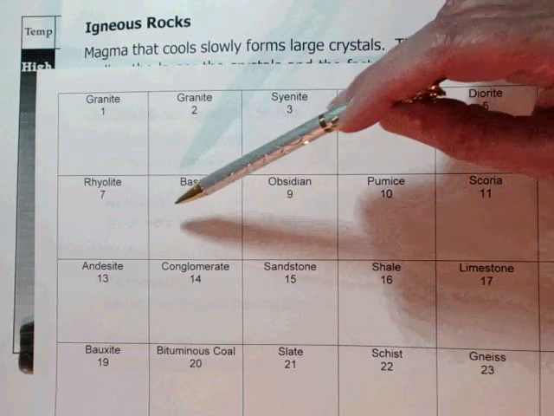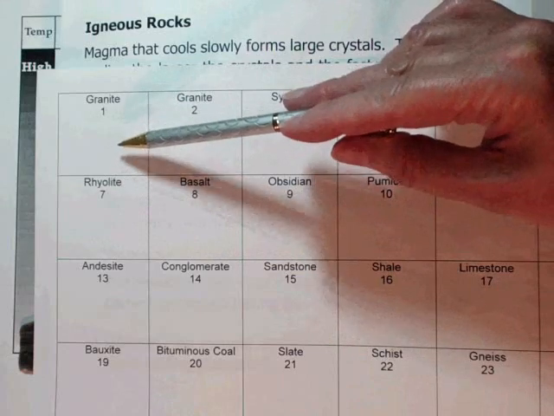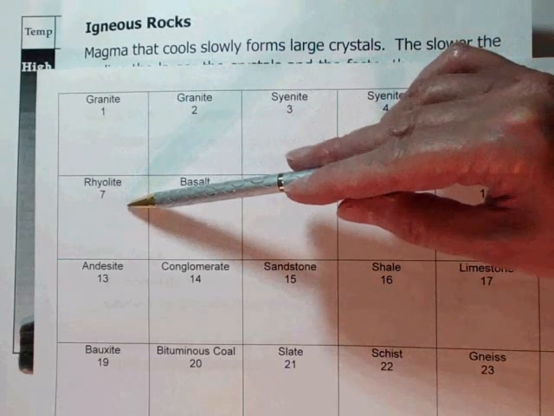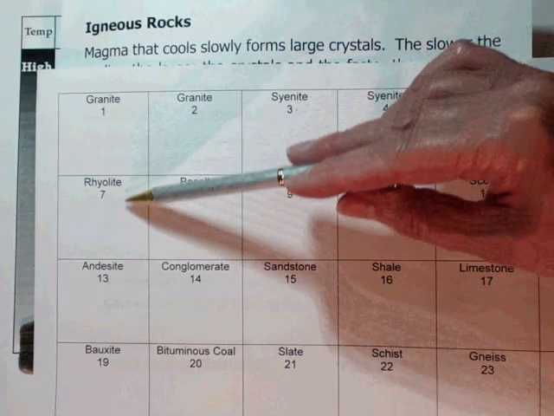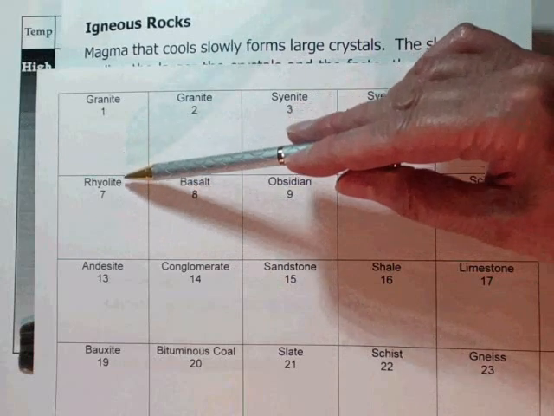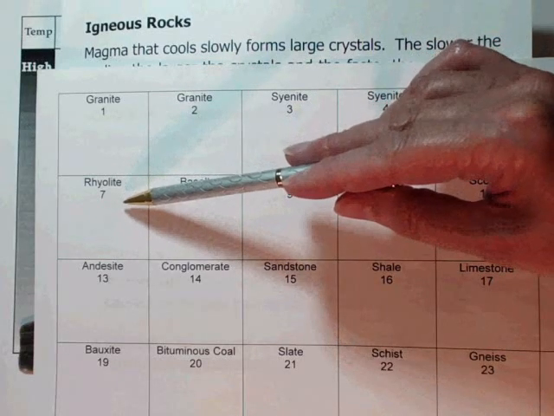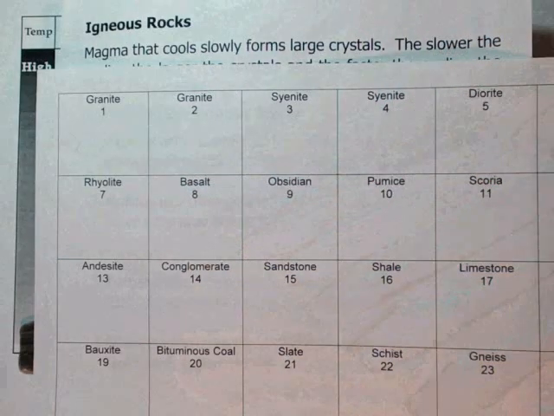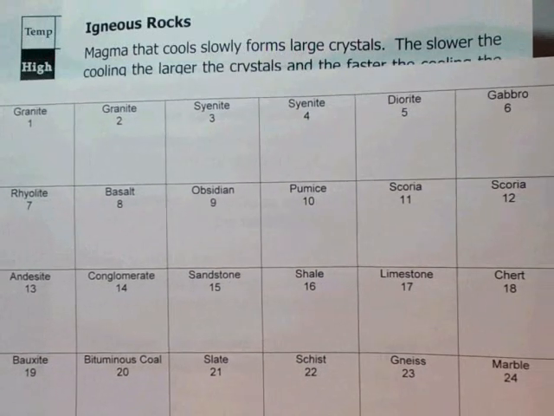So if you remember, the granite was the larger phaneritic texture and rhyolite is the aphanitic or finer grain texture. They had very similar mineralogy, chemical composition, but because of their cooling rates, it changes their texture, and so we have a different name for them, granite versus a rhyolite.